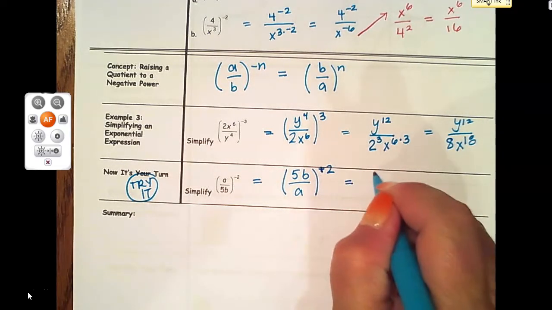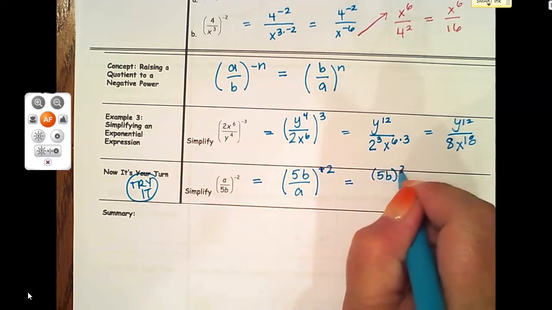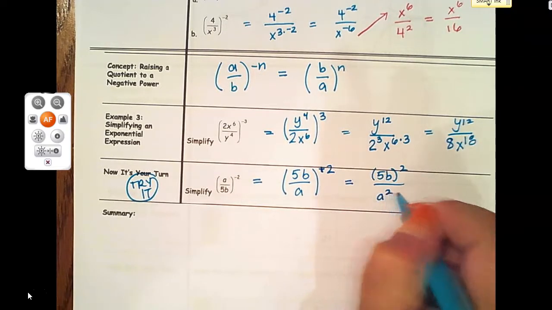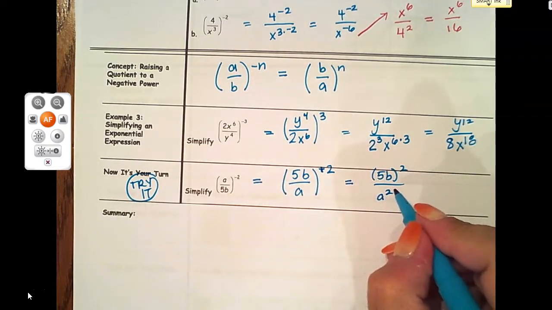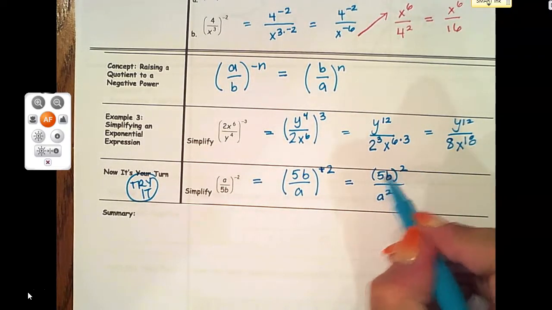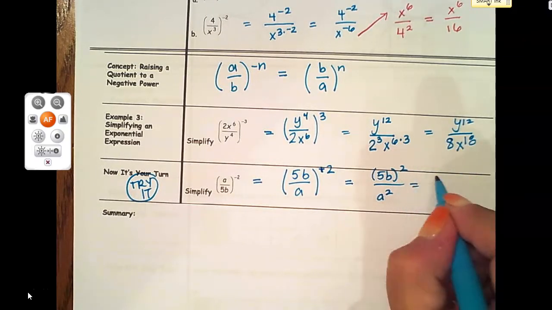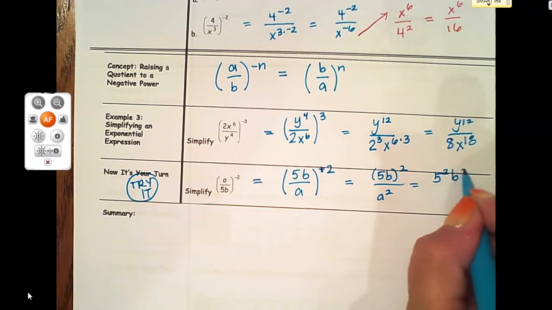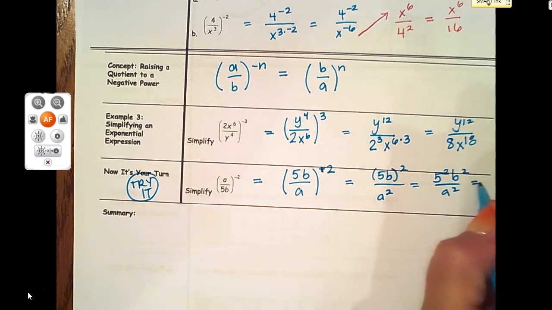Now I just have to do 5b squared and a squared. So notice I kept the 5b in parentheses. That's to help me remember that that squaring goes with both the 5 and the b. So 5 squared b squared a squared. Final answer 25 b to the 10th over a squared.